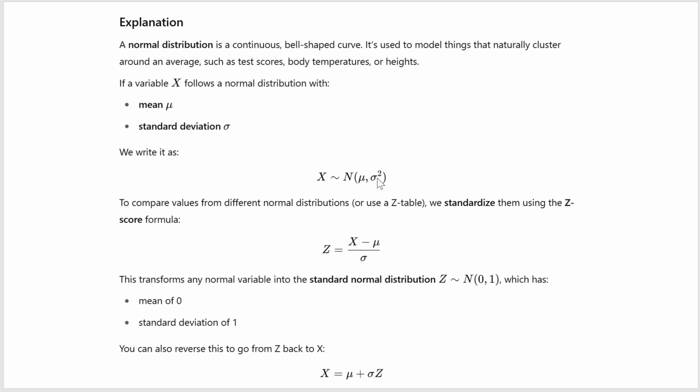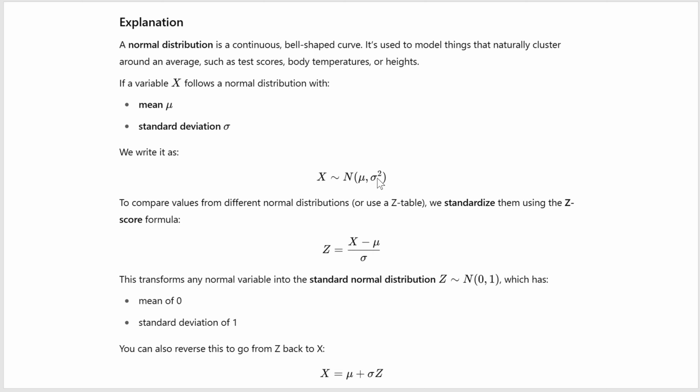Salary is in thousands, age is in tens. You want to compare these two numbers, so we have to standardize them. If we can somehow bring their means to 0 and their variances, so standard deviation, to 1, we can compare them. So to compare values from different normal distributions, we use a z-table.